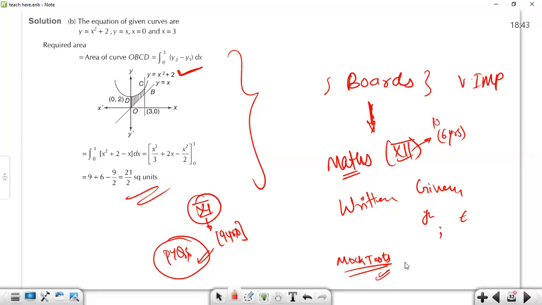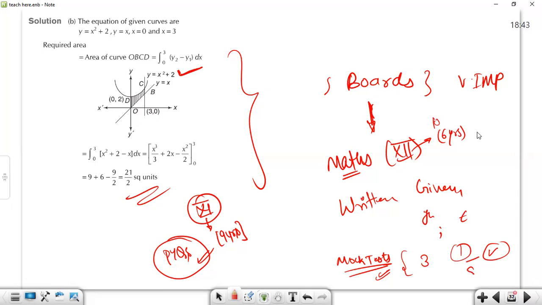I am not saying you should give a mock test daily. Give a mock test every 3 days. One day, dedicate 2 to 3 hours to give the mock test. The second day, check it. After checking it, look at what questions you were wasting time in and what questions you were not able to solve. So write your areas of shortcomings.